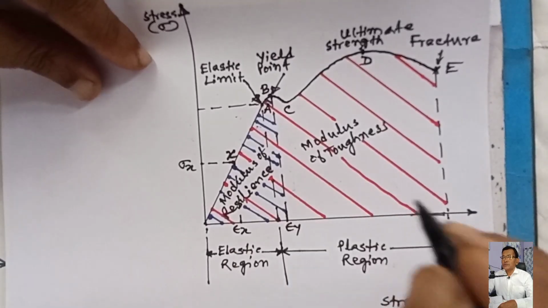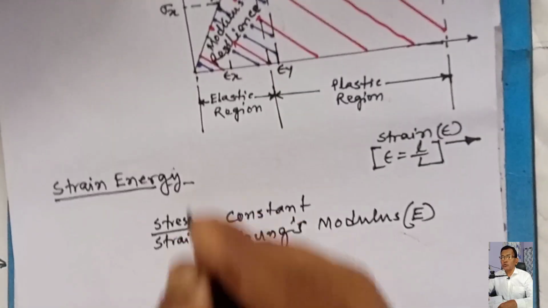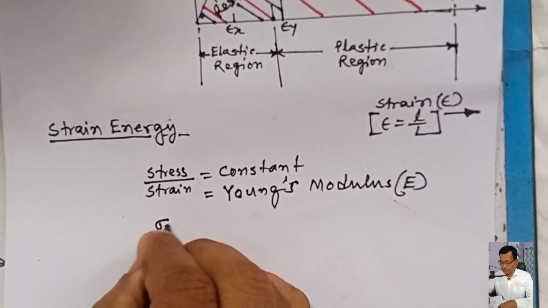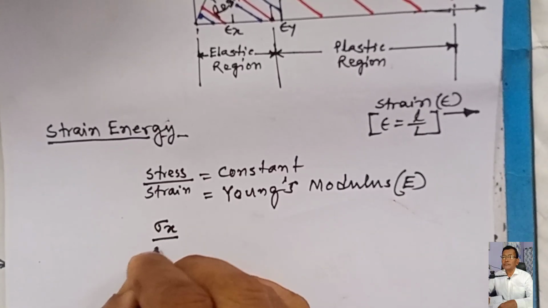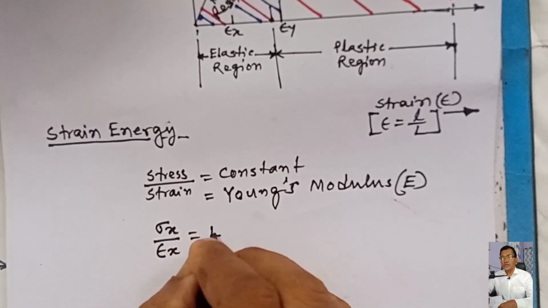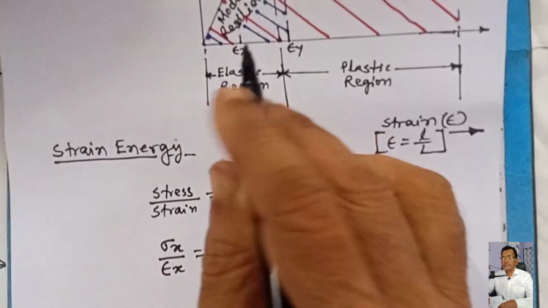So, sigma x divided by epsilon x is equal to E, Young's modulus.